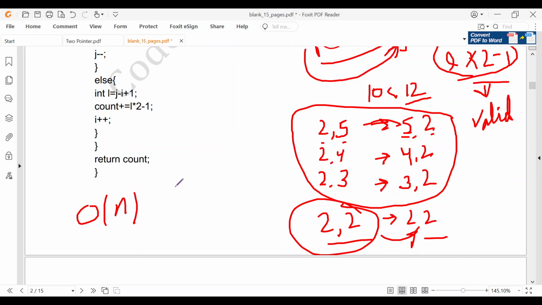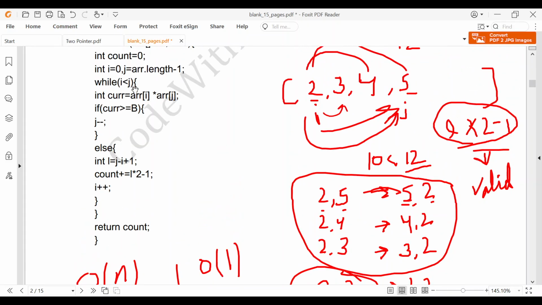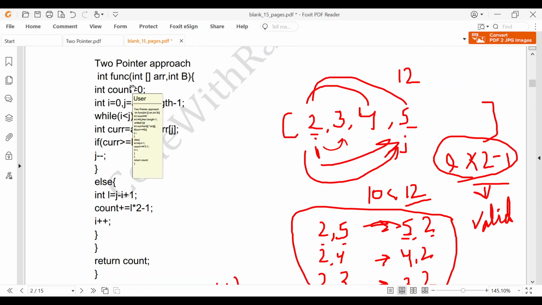It is order of 1 only, because I haven't used any extra space. So this is your time complexity, and this is your space complexity.